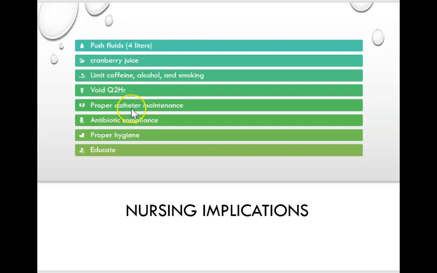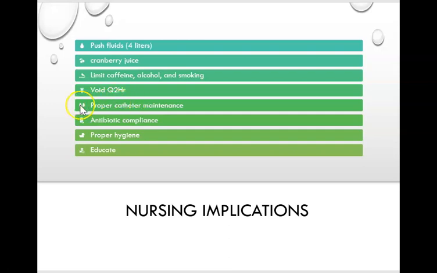And then proper catheter maintenance, which you guys should be familiar with, but I can go over it a little bit. You want to make sure that the bag is lower than the bladder so that it drains properly. You don't want any dependent loops, so if they have a Foley catheter, you don't want dependent loops. The bag should not be touching the ground.